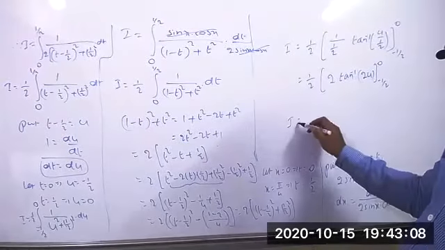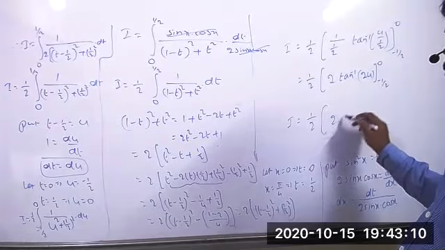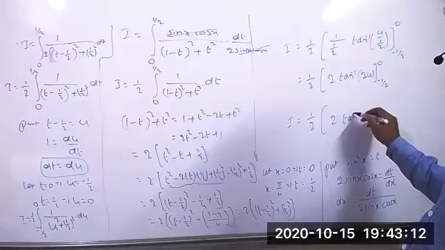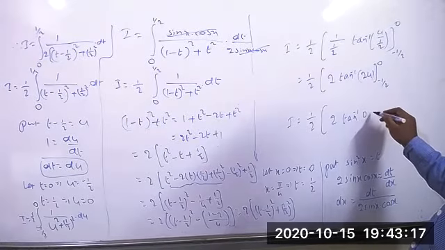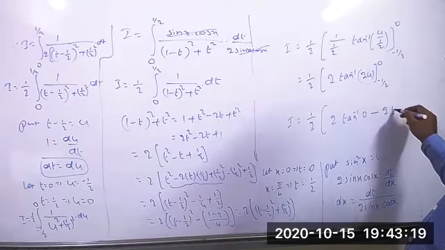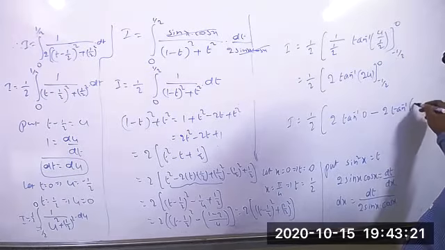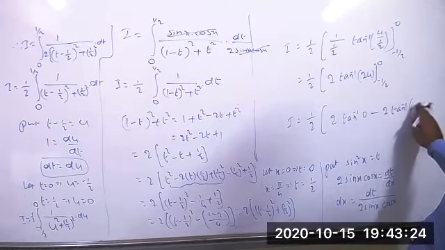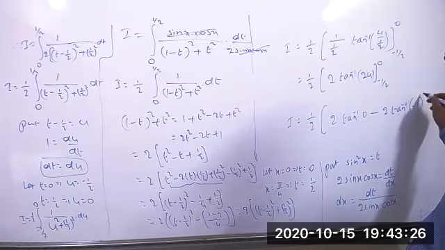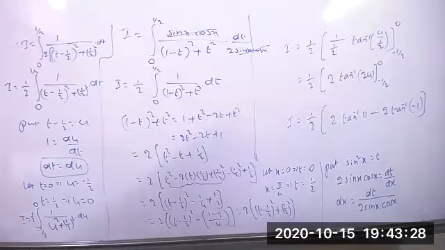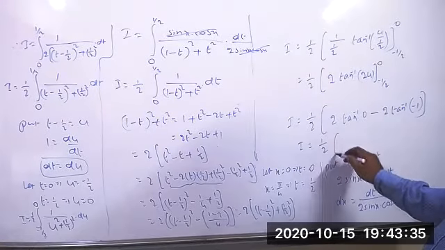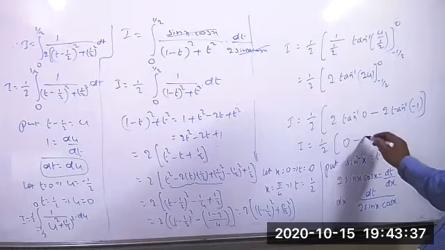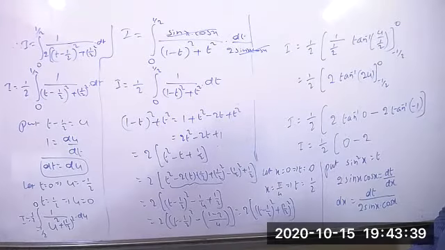So the value of I equal to 1 by 2 into 2 tan inverse of 2 into 0, that gets 0 only, minus 2 tan inverse of 2 into minus 1 by 2. The 2 will be cancelled, so clearly we can write only minus 1. And tan inverse of 0 equal to 0, and 2 into 0 equal to 0 only. So 1 by 2 into 0 minus 2 into tan inverse of minus 1.